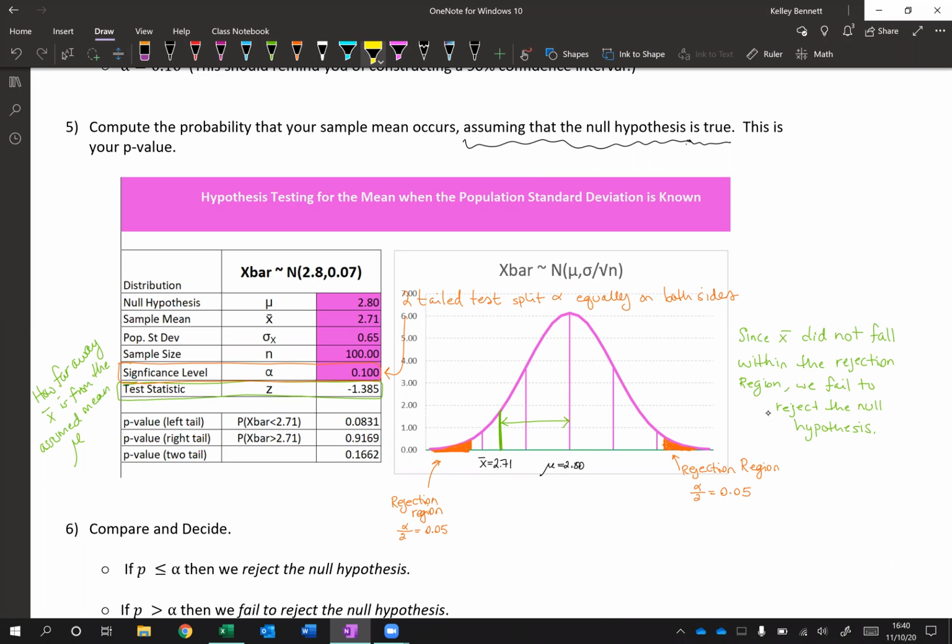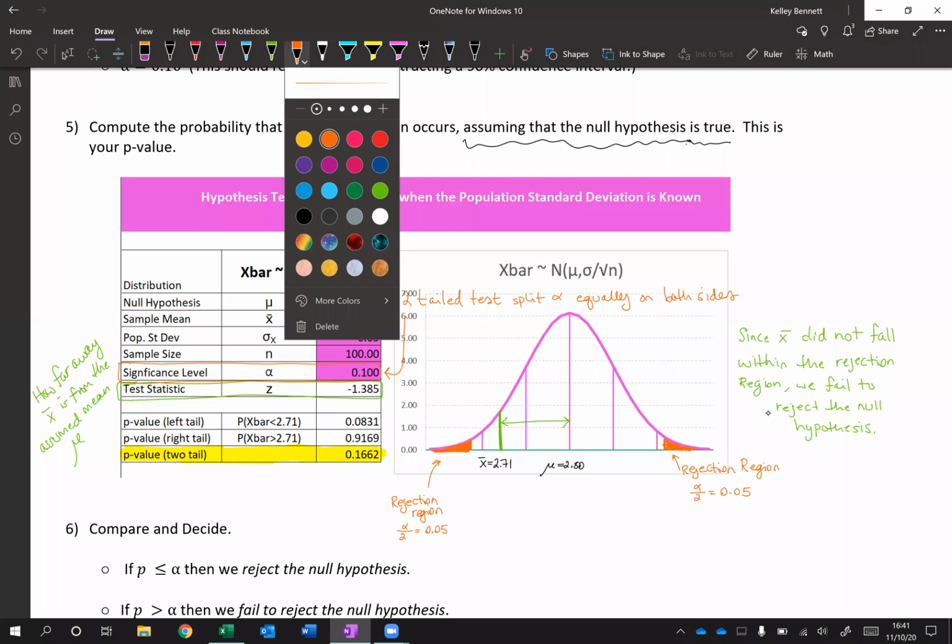So we know that we have a two-tailed test, so we want to look at our p-value for two-tailed. And our p-value is 0.1662. And in fact, what this p-value is really telling us is this.